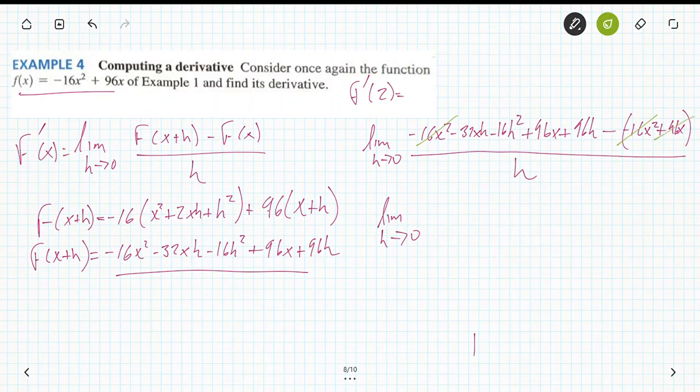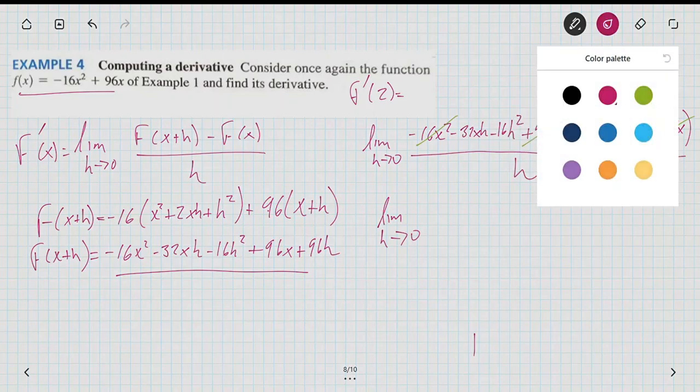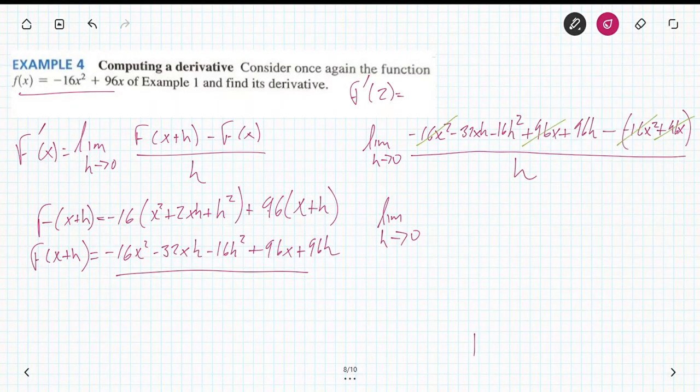This 96x is going to cancel out with this 96x. And so eventually you're going to get to this: negative 32xh minus 16h squared plus 96h over h.